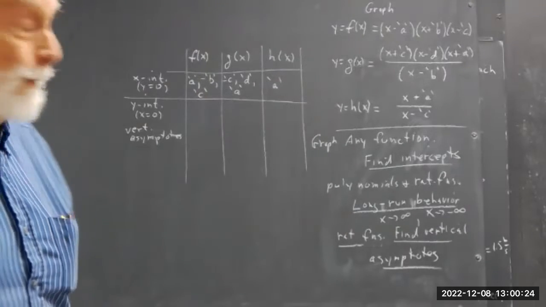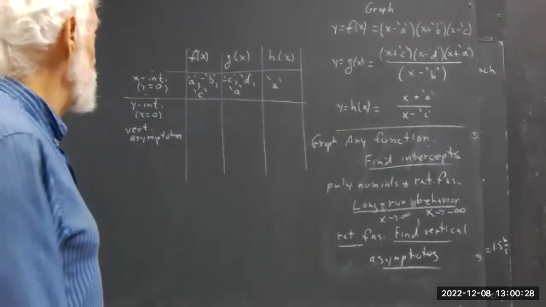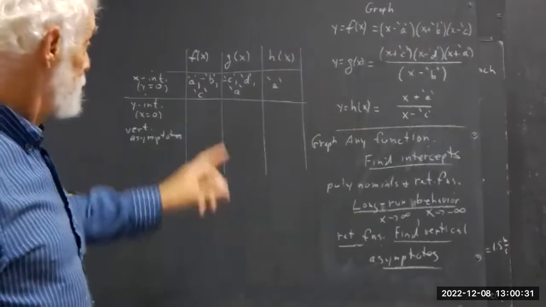Okay. So there's information we can put on the graph. We just take A, B, and C here.